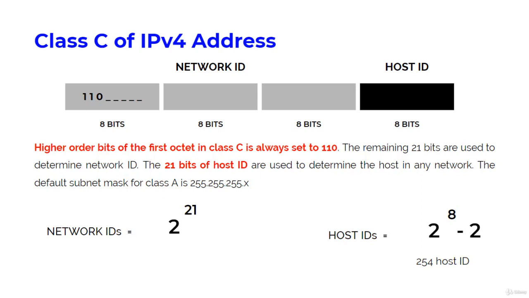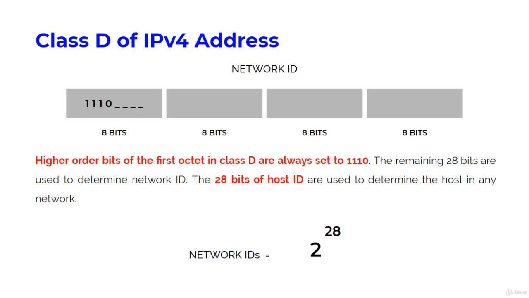The remaining 21 bits are used to determine the network ID. The 8 bits of host ID are used to determine the host in any network. Therefore, the default subnet mask for class C is 255.255.255.x.